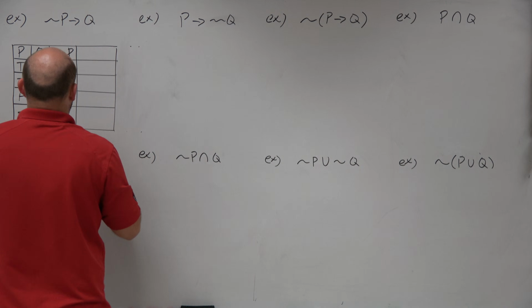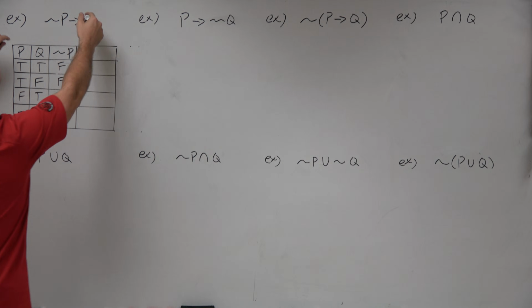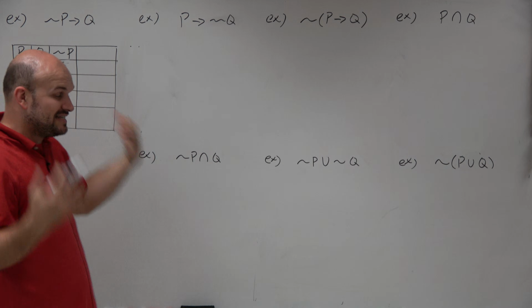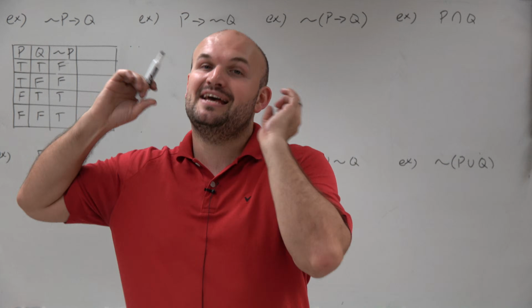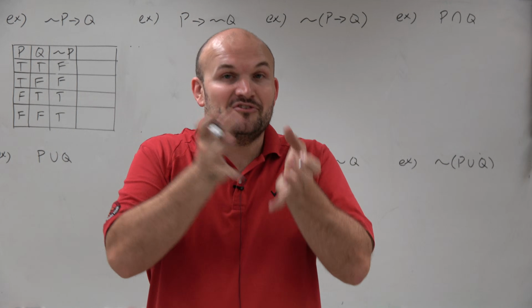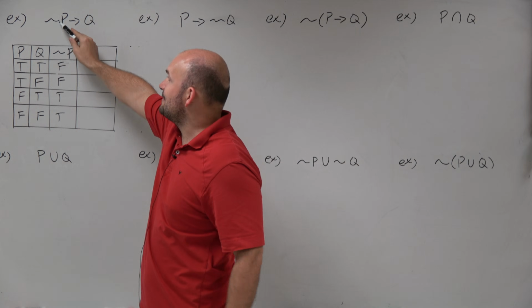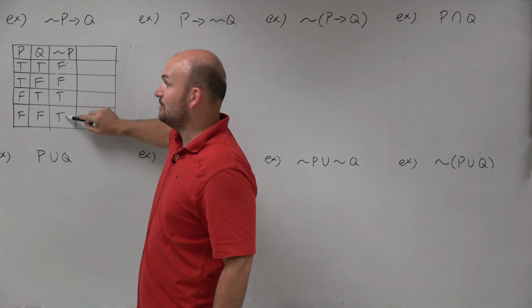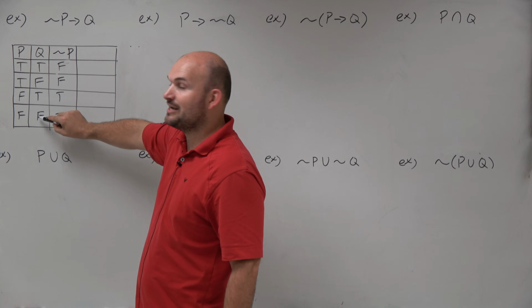So now let's do if not P, then Q. Remember that a conditional statement is only going to be false if it goes from true to false. So I look at when my opposite of P is true. Well, it's in between these two. Then when is my conclusion Q false? You can see here my conclusion Q is false.